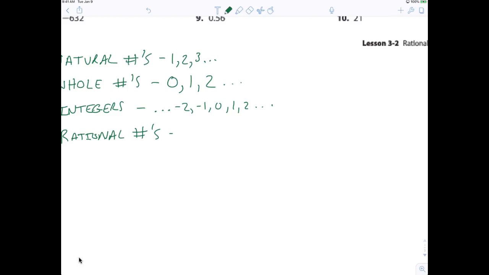It can be written over anything. I forgot to ask this question for integers. Does it only start at 2 or is it just all day? That's what those dots are for. That means it goes on forever.